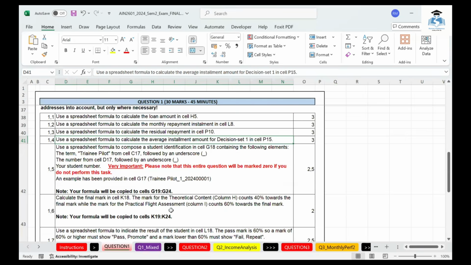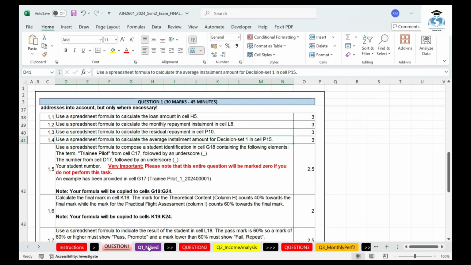Now, let's move on to 1.5. Use a spreadsheet formula to compose a student identification in cell G18 containing the following elements: the term trainee pilot from cell C17 followed by an underscore, the number from cell D17 followed by an underscore, and your student number. Very important, please note that this entire question will be marked 0 if you do not perform this task.